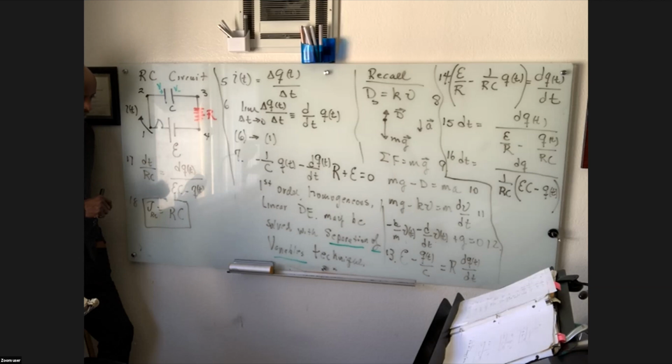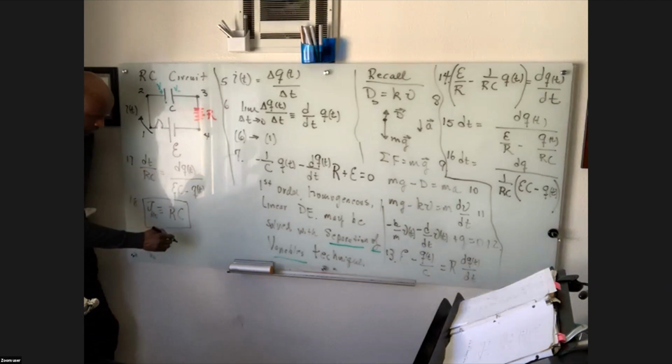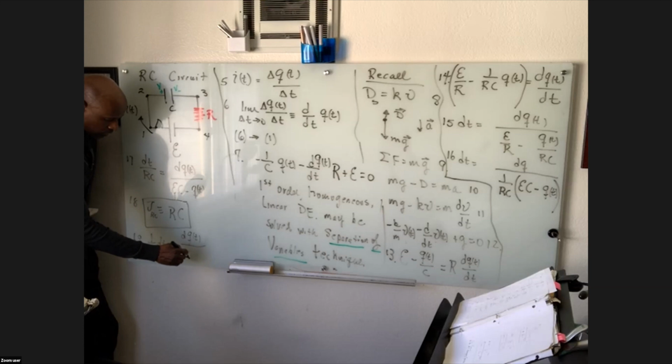So we can then write this separated equation in terms of tau RC. I'm going to do that from this point on. So we have 1 over tau RC times dt equals dq of t over EC minus q of t.